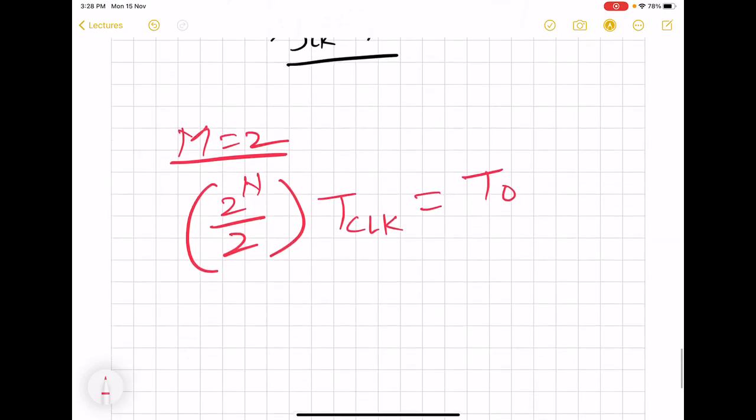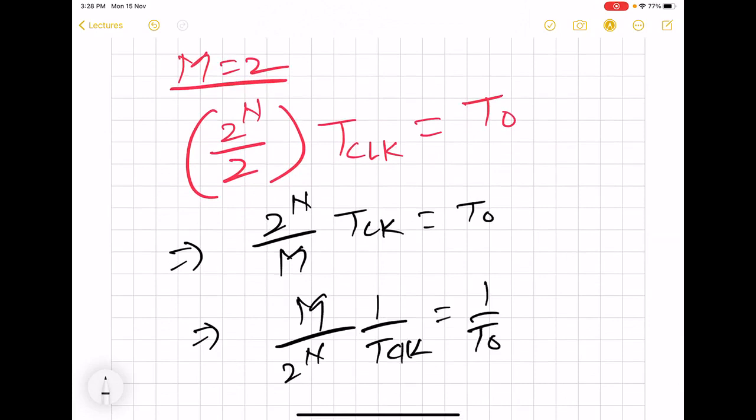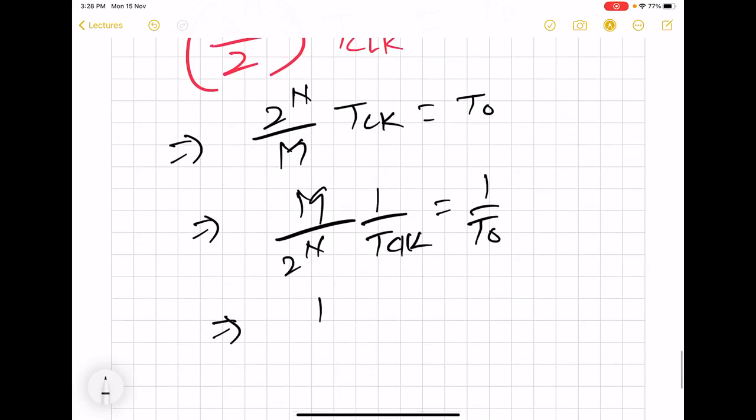Right. So now we can rewrite this equation as, because m is 2, 2 raised power n by m, t clock is equal to t naught. So that means m by 2 raised power n, 1 by t clock is equal to 1 by t naught. That means m by 2 raised power n, f clock is equal to f naught.